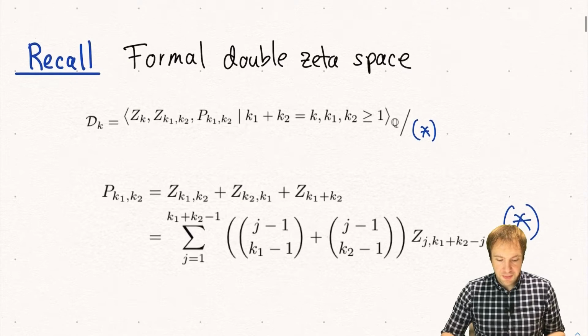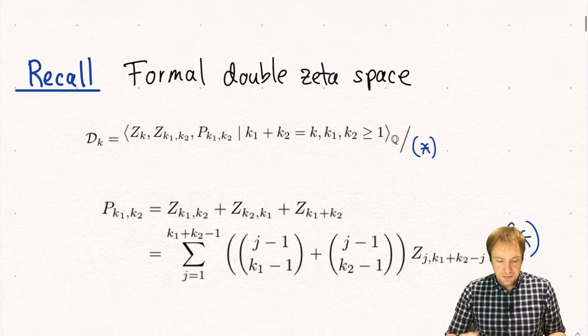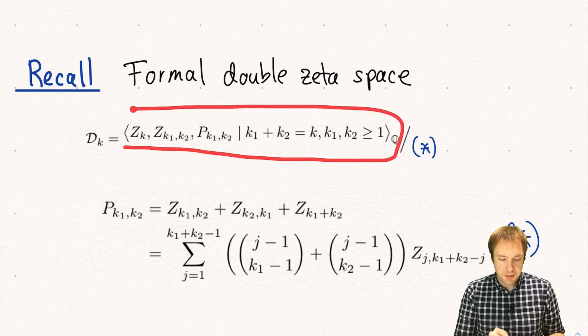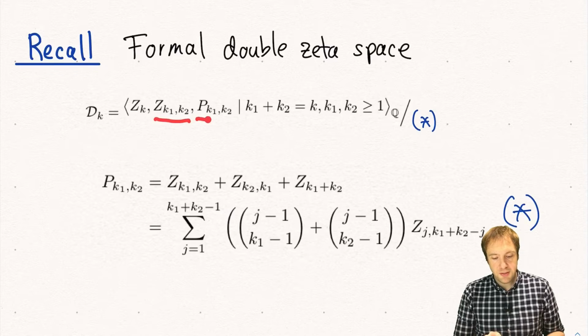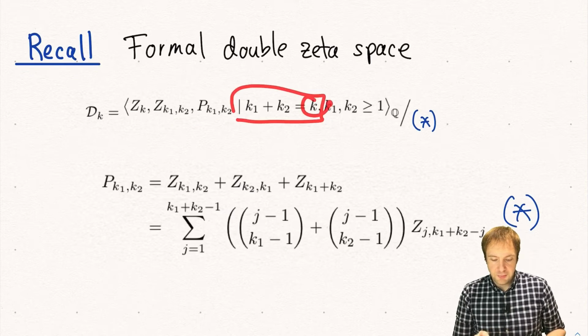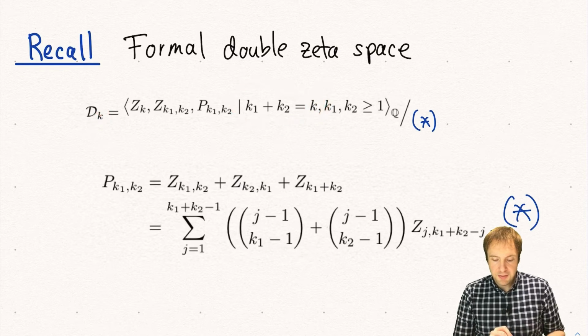So recall that the formal double zeta space, denoted by Dk, was the Q vector space spanned by symbols Zk, Zk1,k2, Pk1,k2, where these k's sum up to the weight k.